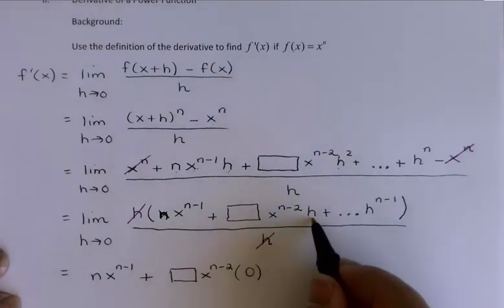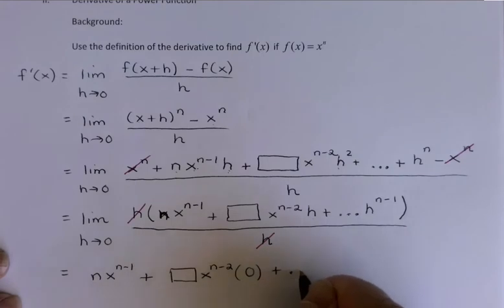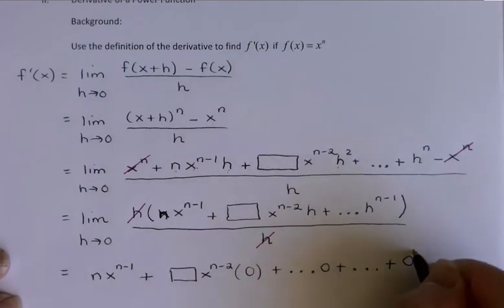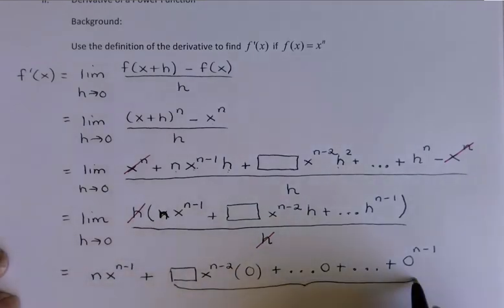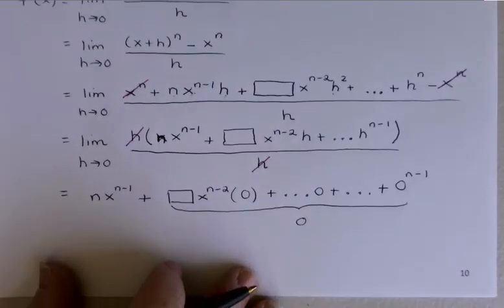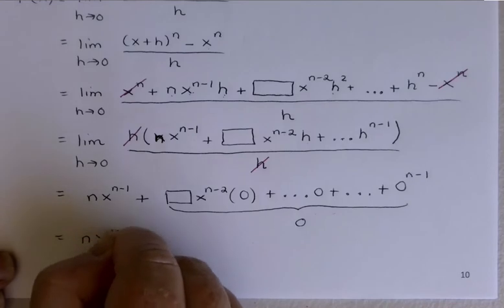The powers of h just keep on getting bigger and bigger through here, so we're going to keep on adding zeros all the way through until we finally get to 0 to the n minus 1 at the end. All of these terms will have multipliers of 0. And the only non-zero term I'm going to end up with is n x to the n minus 1.